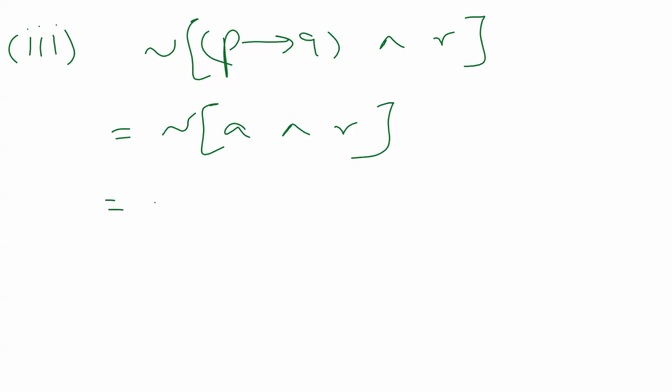Now negation of and. Negation to both and will become or. यहाँ पे लिखो negation of and. डी मॉर्गन्स लॉ हम लोग ने किया. Okay.